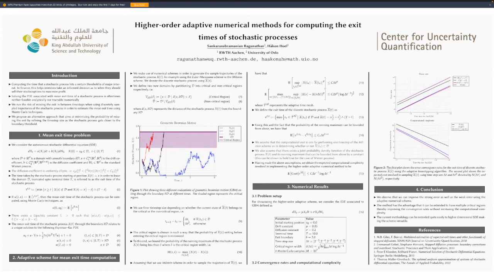And the good part about this methodology is that it can be extended to multiple critical regions. So you could practically perform time step size refinement more and more as you get closer and closer to the boundary. Thereby you can improve the convergence rates without increasing the computational complexity. This comes from the fact that on carrying out the test that we had, we saw that the overall computational complexity was still at the same order as the one shown here, even when we use delta t cubed.